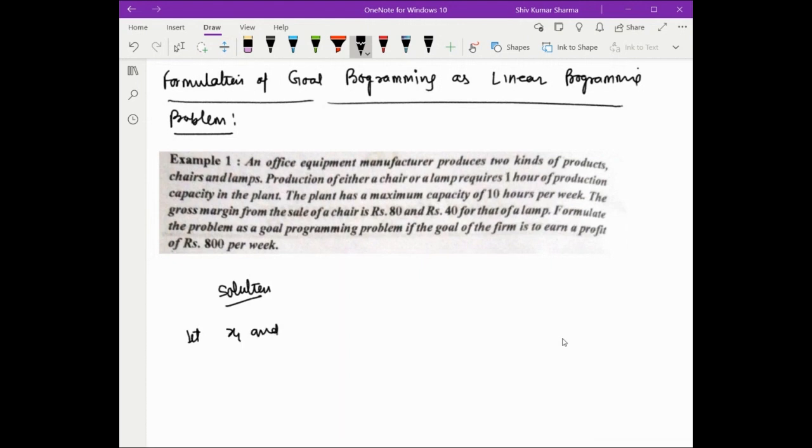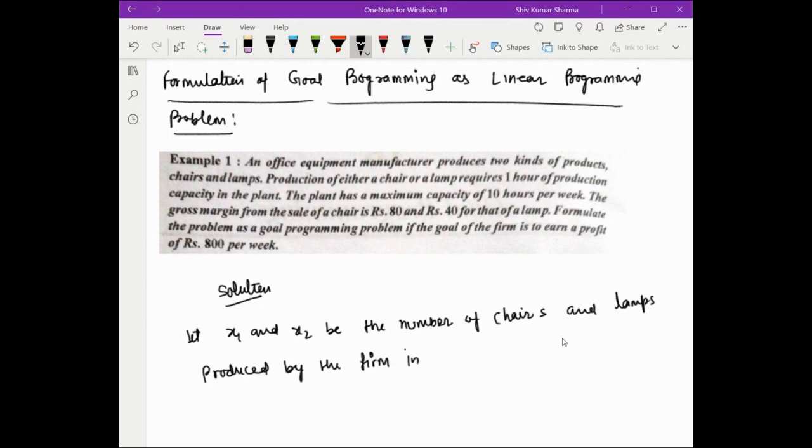Let x1 and x2 be the number of chairs and lamps produced by the firm, and the production is per week, in 1 week.